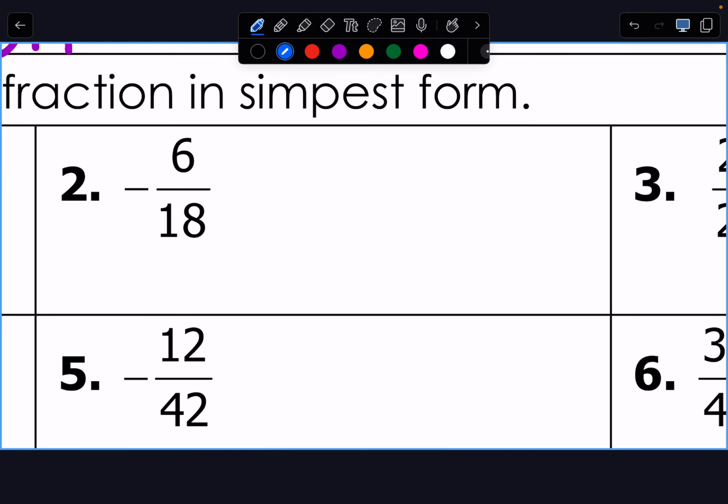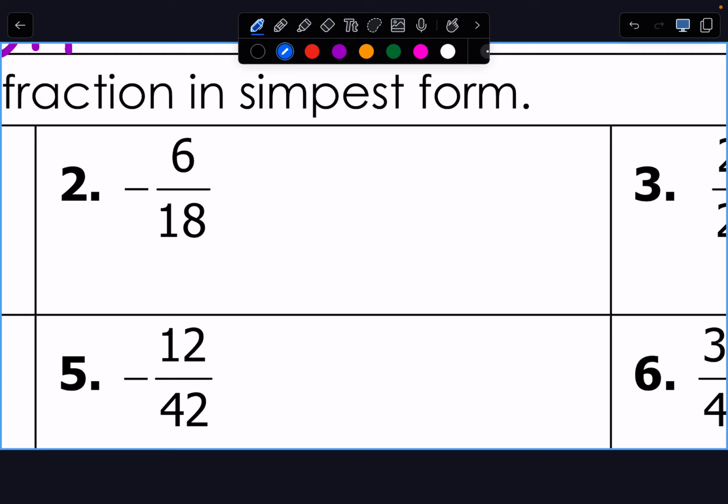So let's look at number 2. We have negative 6 over 18. Think about if this is simple or not. Okay, I'm seeing some no's. So what number can go into both? I hear 2 and I hear 3 and I hear 6. Okay? So that tells me that we can get to the same answer in a couple different ways.